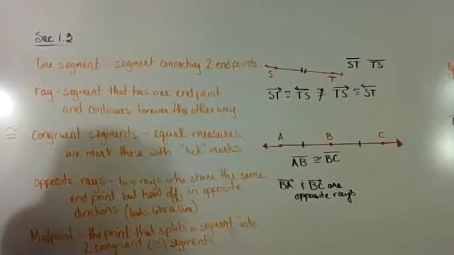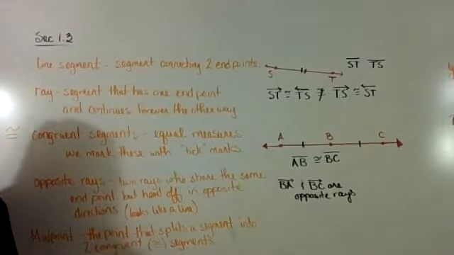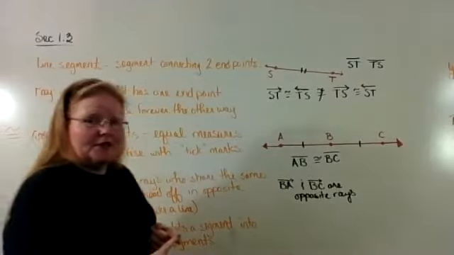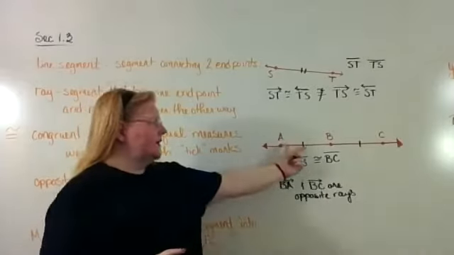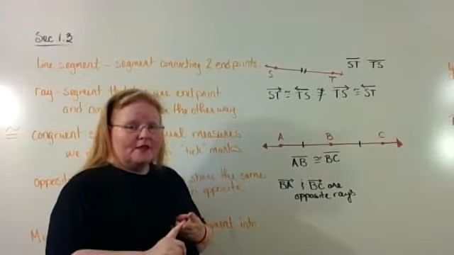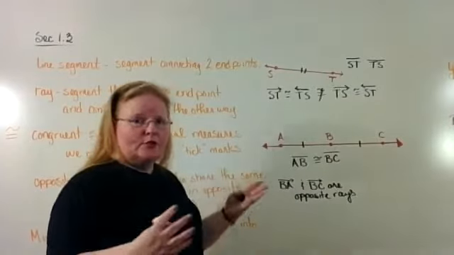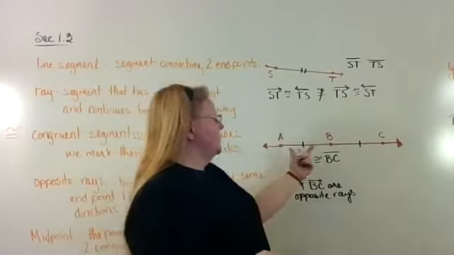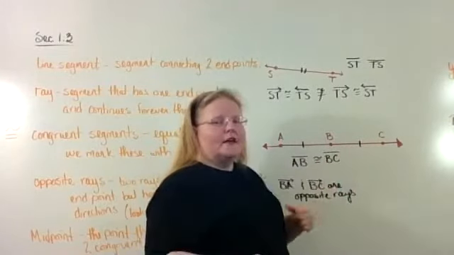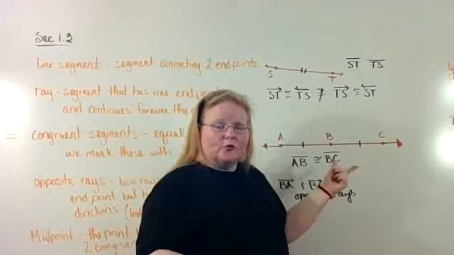Midpoint is the point that splits the segment into two congruent segments, which means they have to be the same. So we have to be talking about the exact same segments, and they have to be the same distance, because that's what congruency is. It talks about equal measures of the same thing. So these were both segments, and they have equal measures. That's what made them congruent.